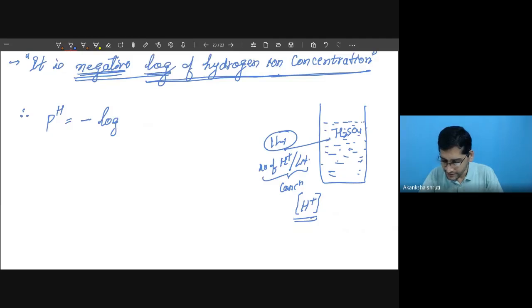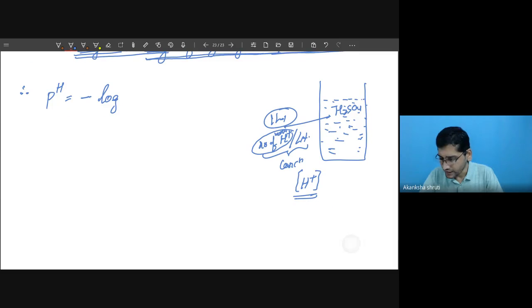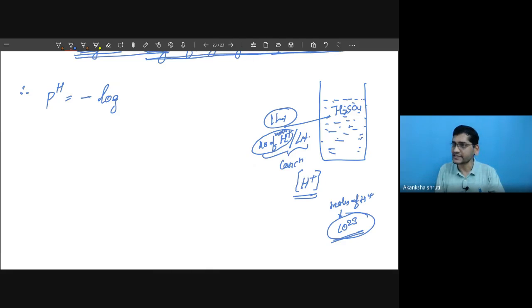Because if you consider the number of moles of H plus, you know that 6.022 into 10 to the power 23 is called 1 mole. So this is a much bigger number, and handling such a big number is quite difficult. Therefore log scale is preferred.